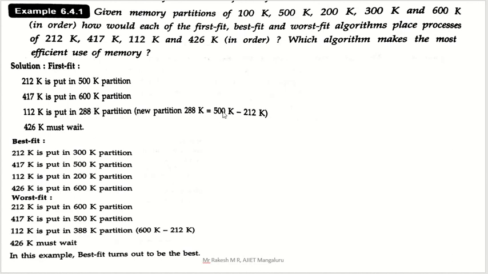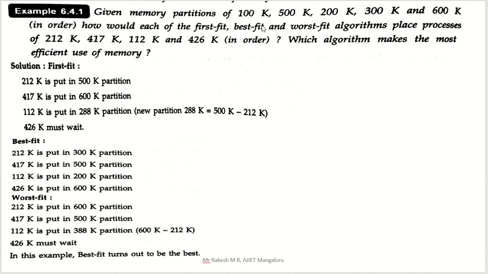How did you get 288? The 500 frame had only 212 filled, so 500 minus 212, the remaining is 288. There we add 112. The last one, 426, must wait. Is there any space for 426?